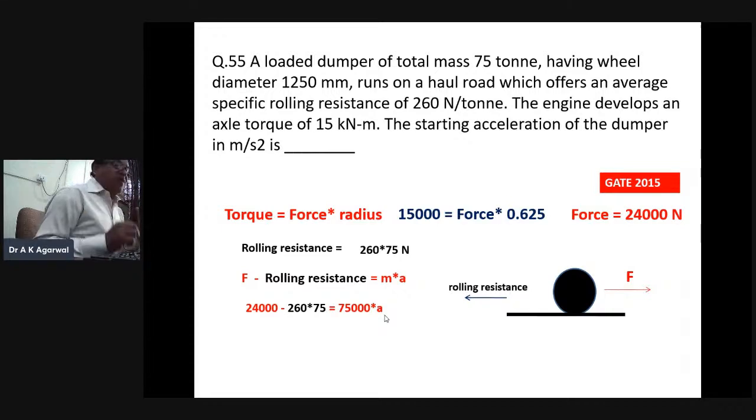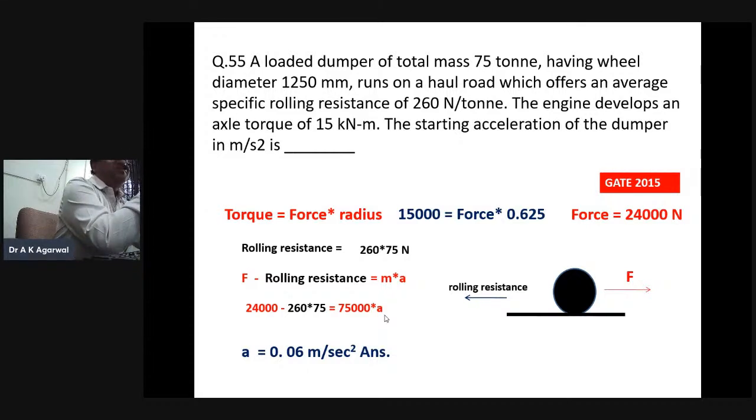If we solve this equation, you will get the value A is equal to 0.06 meter per second square. So it was a different type of question, but very interesting, very simple.